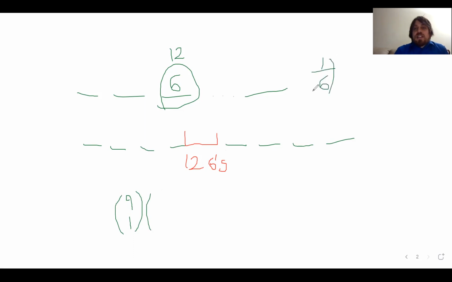That's P, the probability of success. Wait, you know what? No, I can't think of this in terms of, you can, but I don't want to think of this as Bernoulli trials. So now I'm going to explain it without using Bernoulli trials.